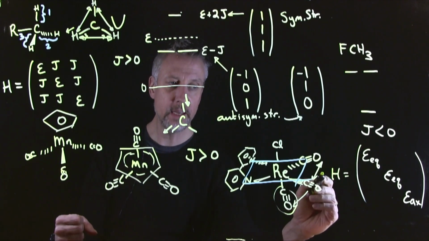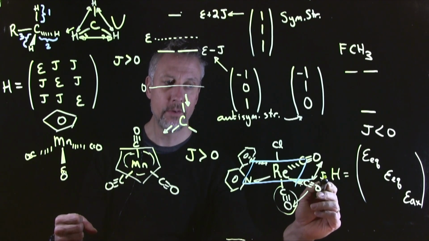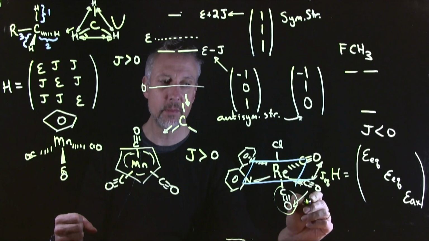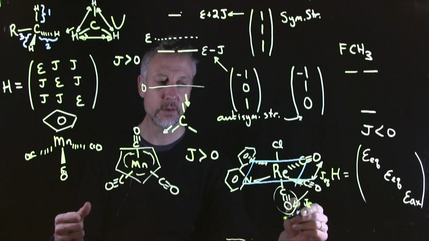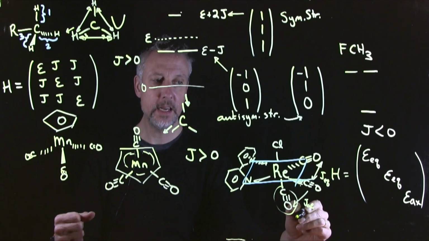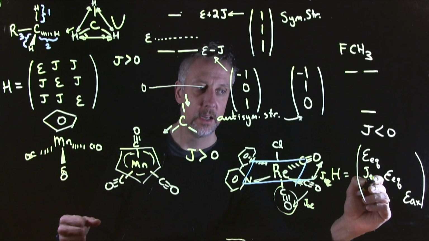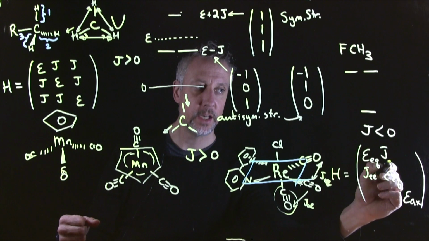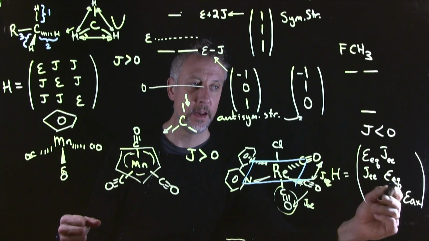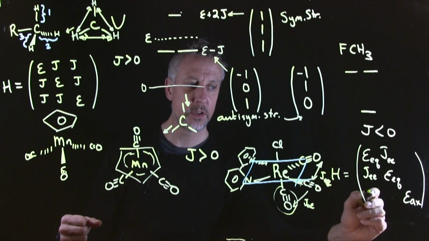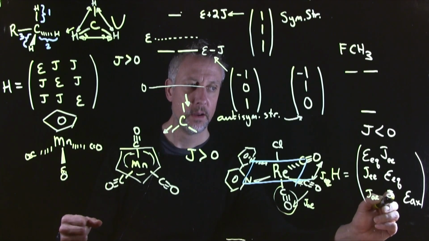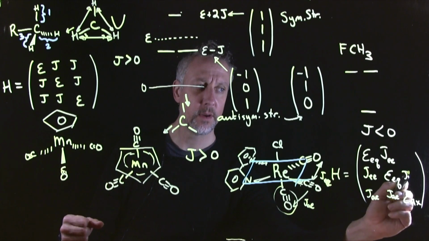Right? So you might think I have a coupling for the equatorials and another coupling for the axial to the equatorial. So we might call that AE, and then we might call this EE. So we'll call this JEE, JEE, and then axial to the 2, axial equatorial, and so on.